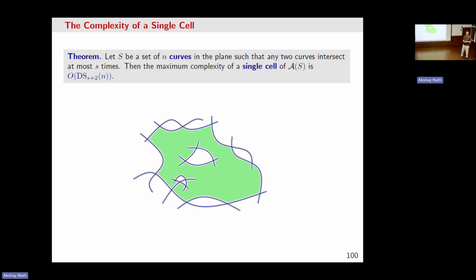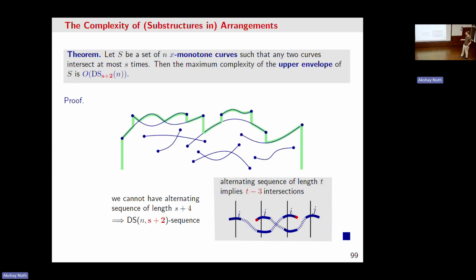And what is the notion of complexity for these upper envelopes? Formally, I would say that the complexity is always, in this case, the number of vertices and the number of edges.